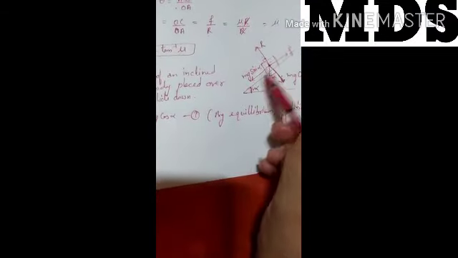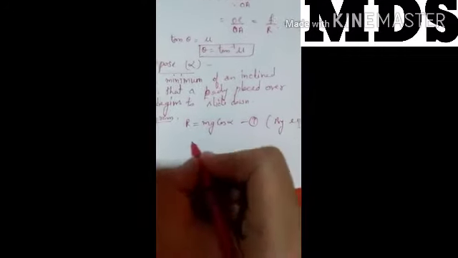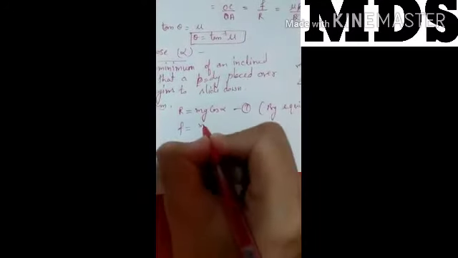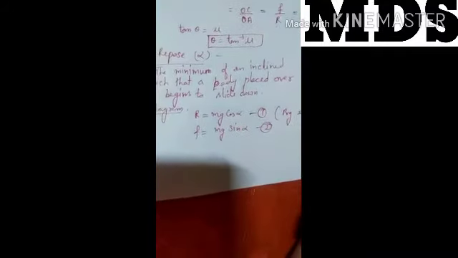Second case, one force is acting in this direction, one force is acting in this direction, both opposite to each other, so from this condition F equal to mg sin alpha. Clear now?